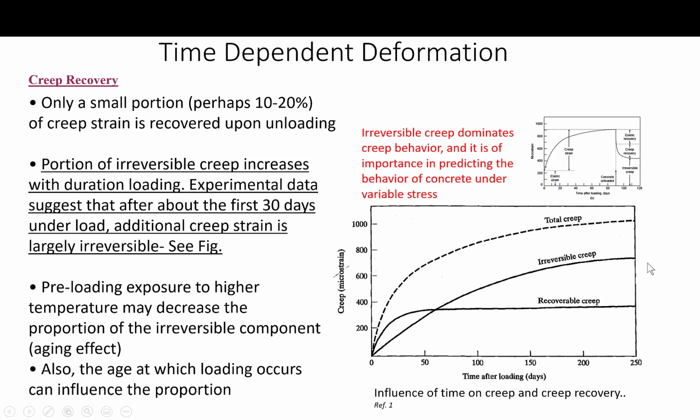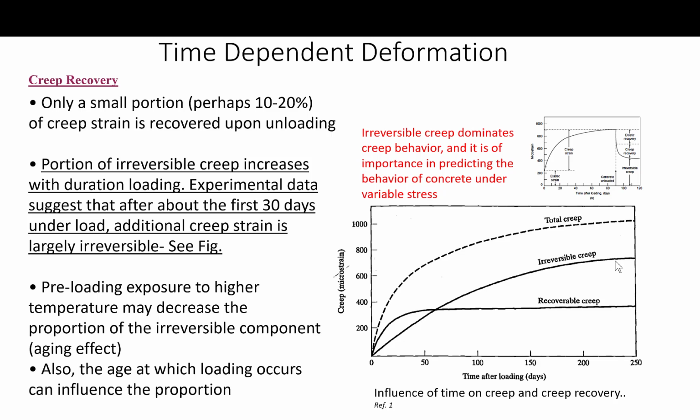As the time of loading increases, the irreversible creep increases as well. The decrease in total creep that occurs when concrete is aged before loading is a result of a decrease in the irreversible creep, so the creep recovery is little affected.